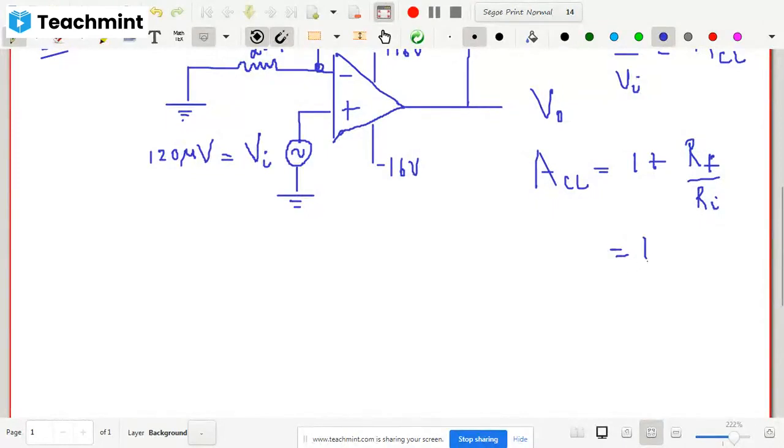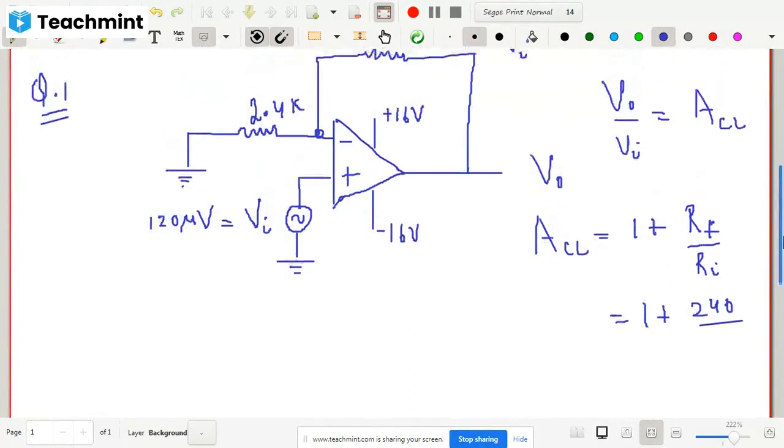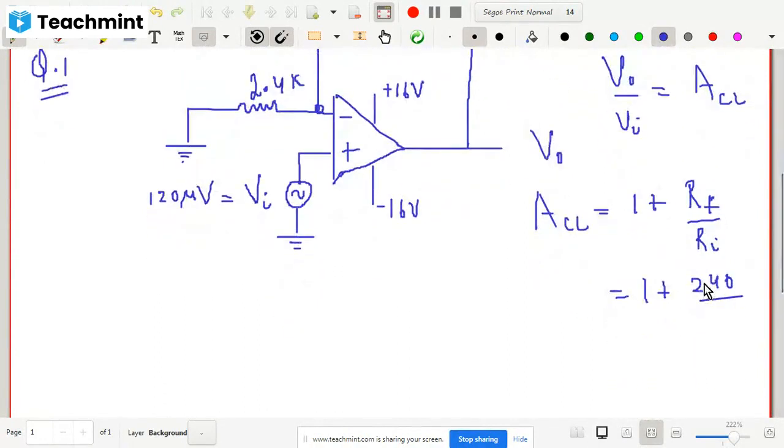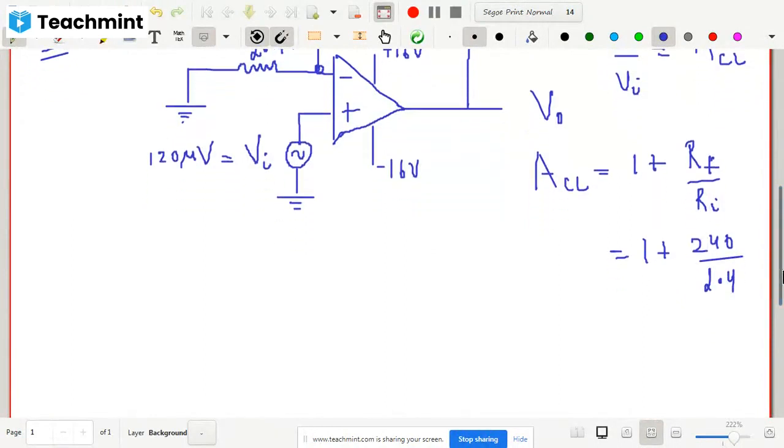So this would be 1 plus 240 divided by 2.4. Both the units are in kilo ohm, so no need to convert the unit here. You will get the closed loop gain to be around 101.